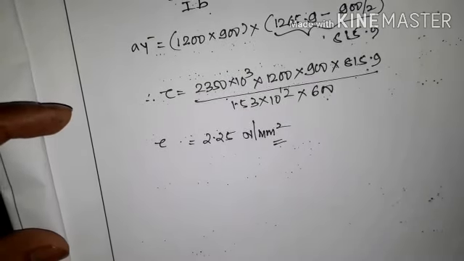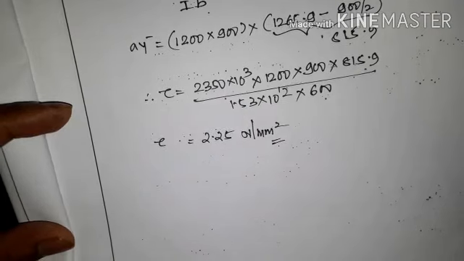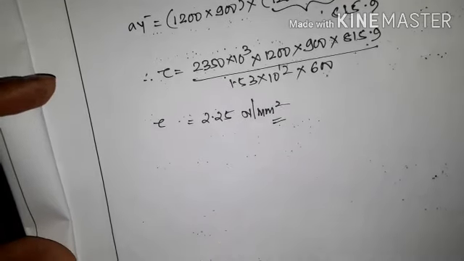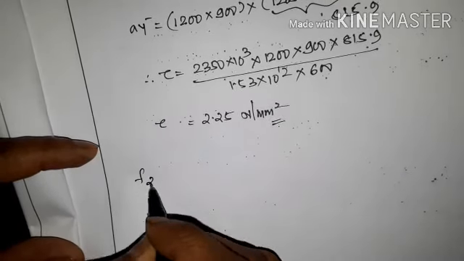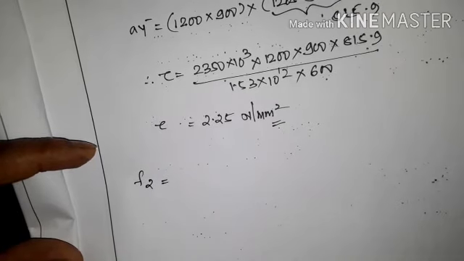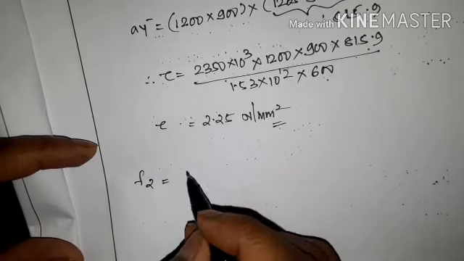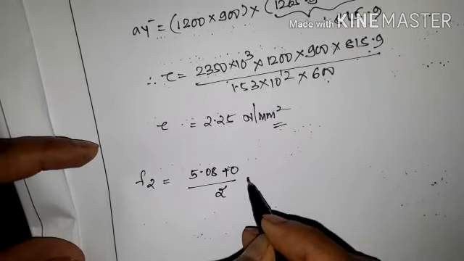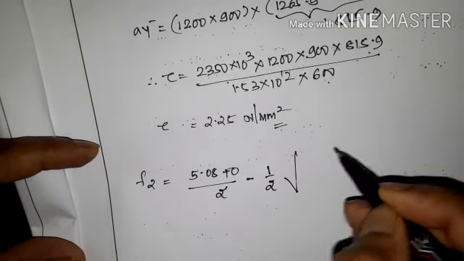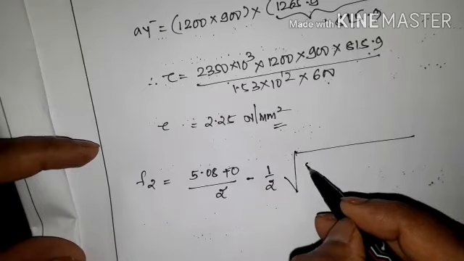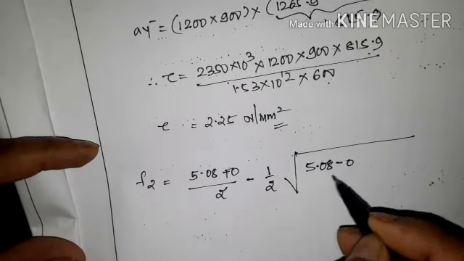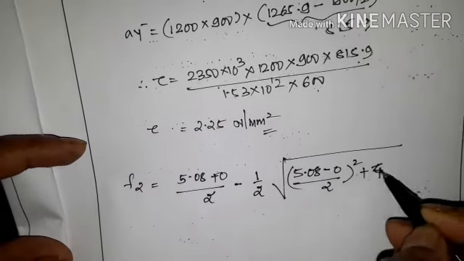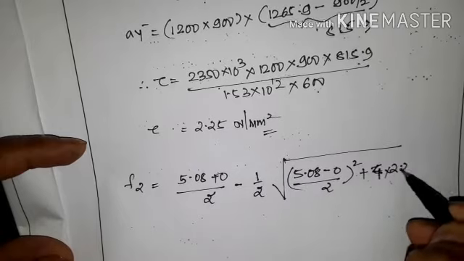So again, the principal tensile stress is F2, that is Fx plus Fy, 5.08 plus 0 divided by 2, minus half of the square root of 5.08 minus 0 divided by 2 whole square plus 4 into tau, 2.25 square.